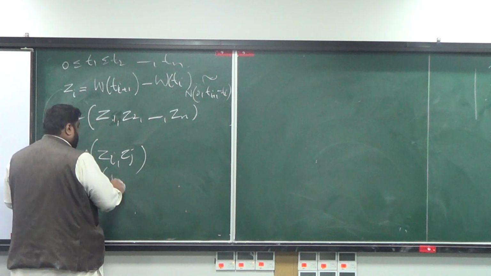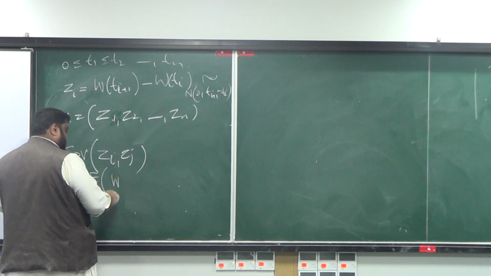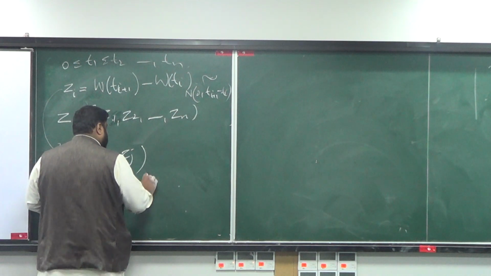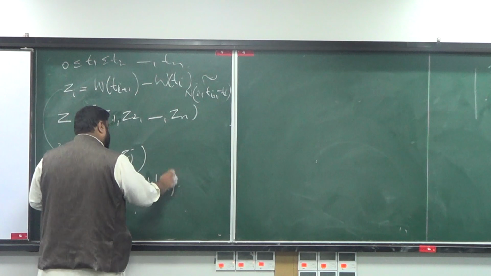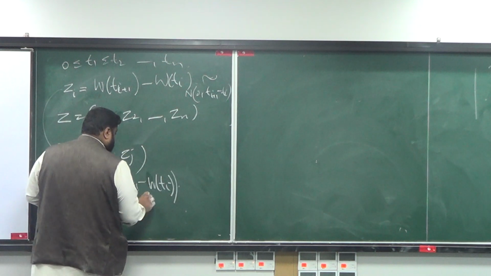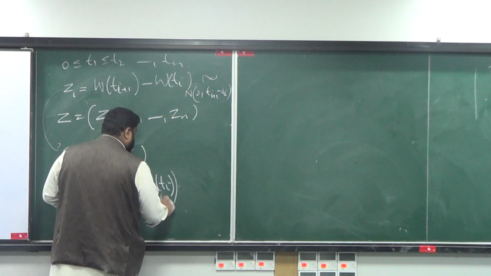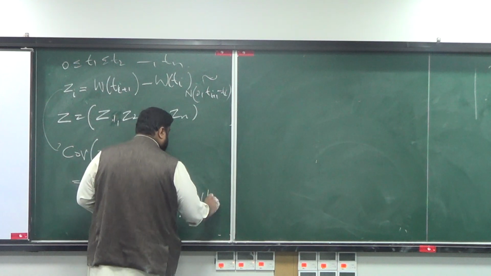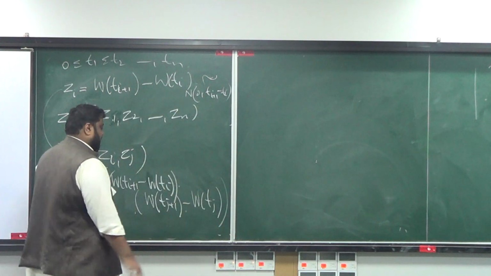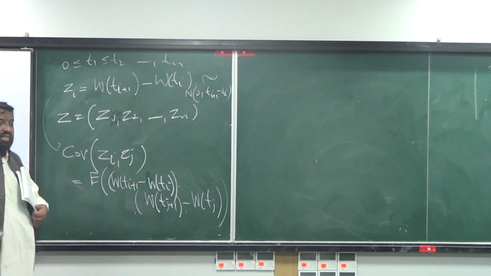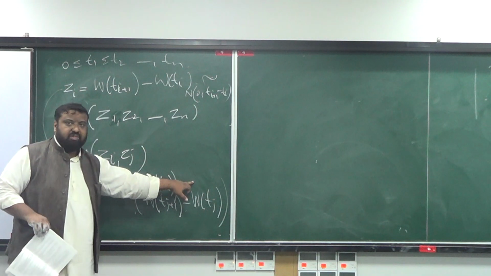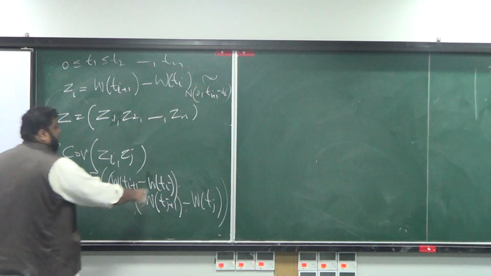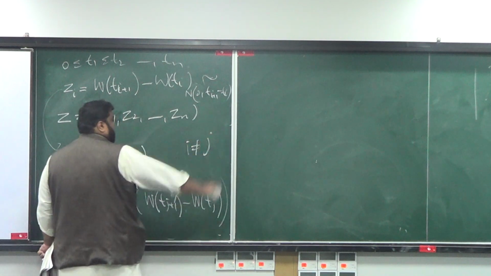Zi is W(Ti plus 1) minus W(Ti), the Brownian motion increment, times W(Tj plus 1) minus W(Tj). We need to subtract the mean, but we know that's 0, so there is no point in writing it. Assume that i is different from j.